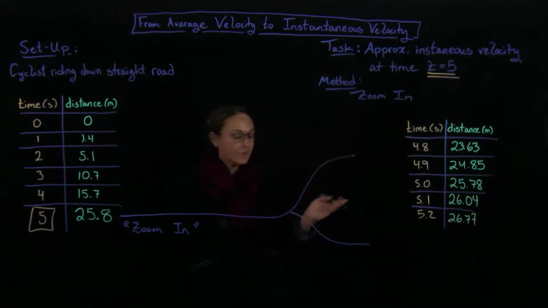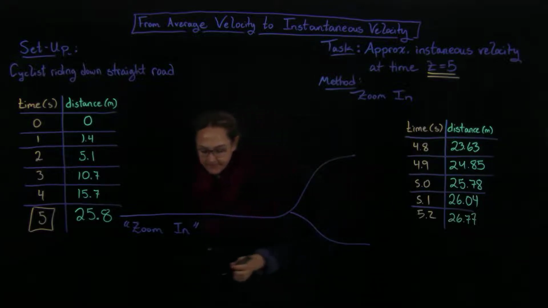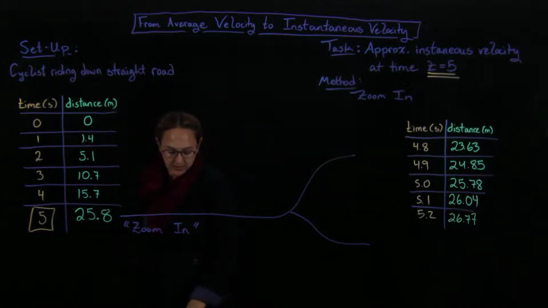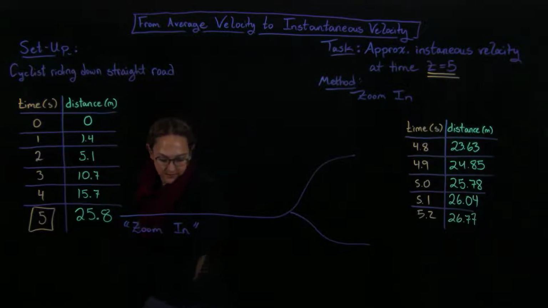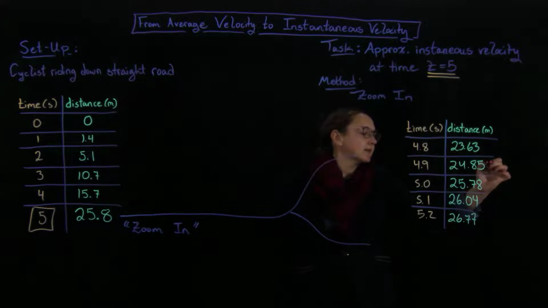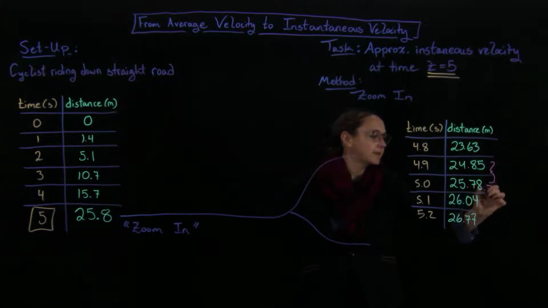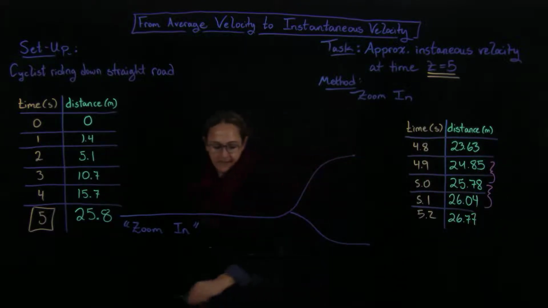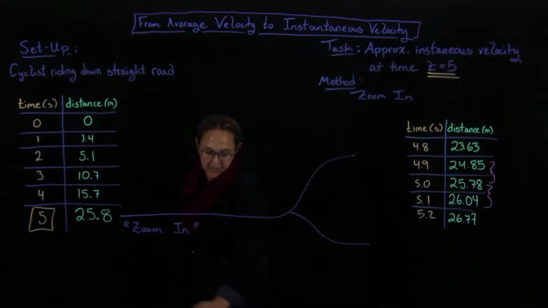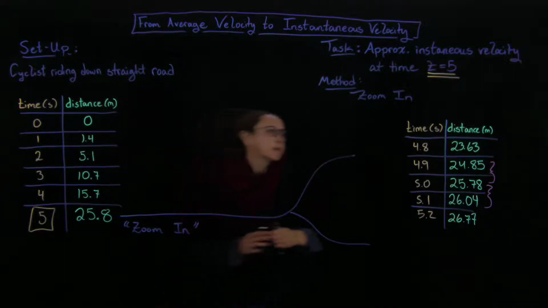Okay, so let's look at what happens near 5. We want to look at those intervals that are very close by. I'm focusing on this time interval and this time interval, and what I want is the change in distance divided by the change in time.